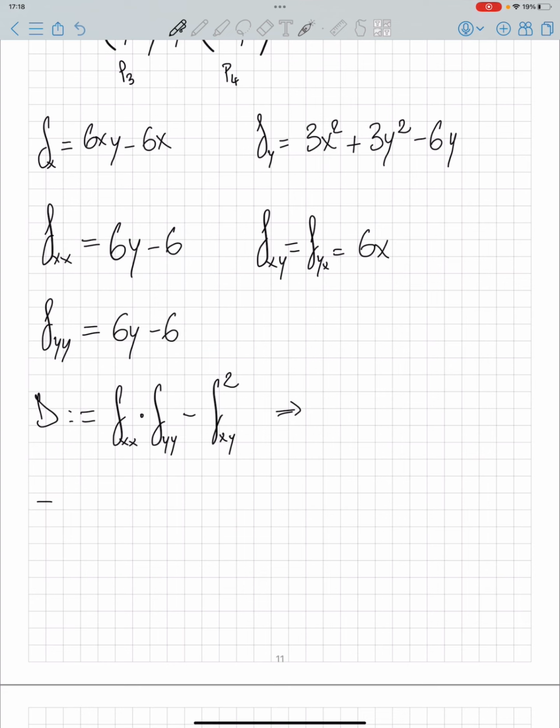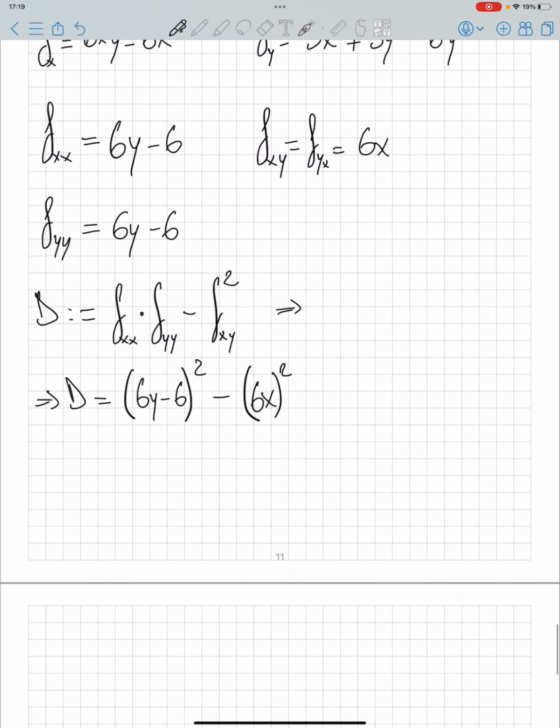So in our case, d is going to be equal to fxx, which, as you can see, is the same as fyy, so we're just going to square it, right? And then we're going to subtract the 6x squared, right?